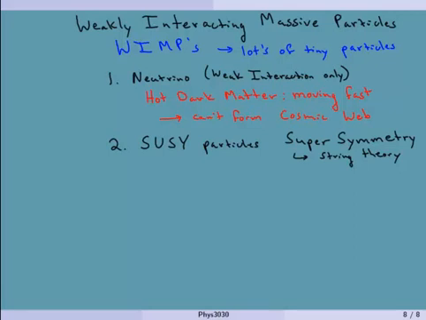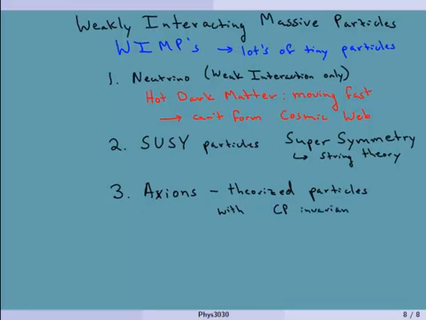So that's one idea. There's a third idea, which is these particles called axions. These are theorized particles, which the SUSY particles are as well, that have to do with some invariance called CP invariance.